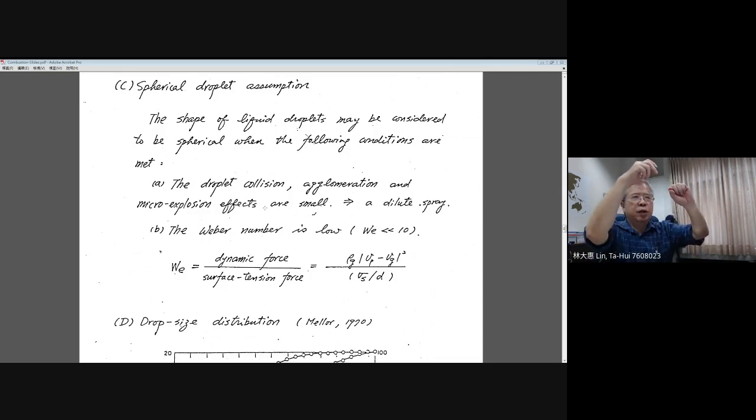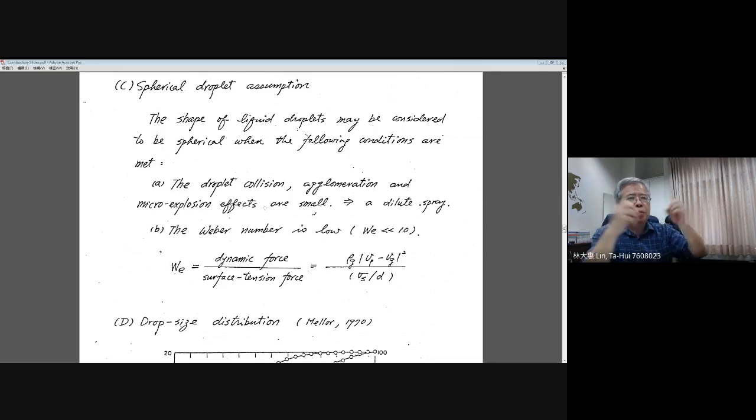That means when the jet impinges out, there are very strong aerodynamic interactions. They will immediately break up into many tiny droplets. At this moment, many droplets already exist in the region, and you try to identify the individual features of a single droplet.